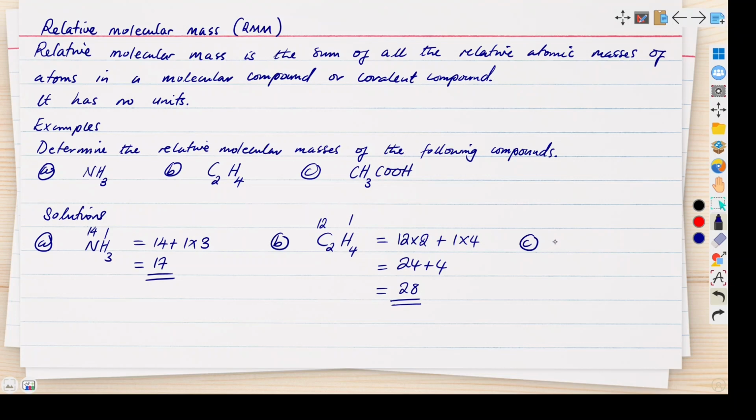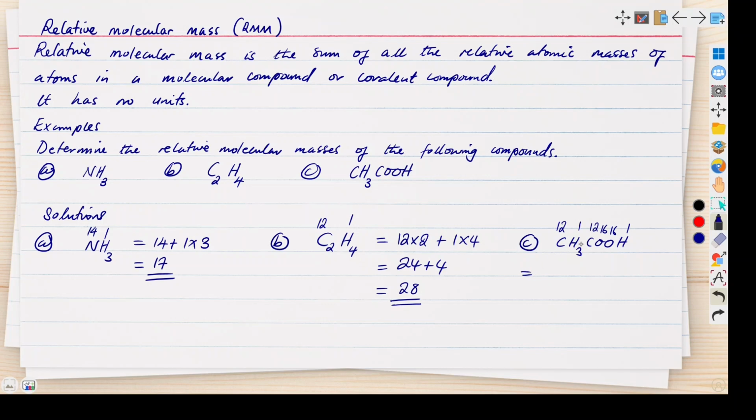Then we got to C here, which is ethanoic acid, CH3COOH. Carbon's relative atomic mass is 12, hydrogen 1. Here carbon again 12. Here oxygen, there are two of them, 16, 16. Here hydrogen 1. So again we'll sum them up.